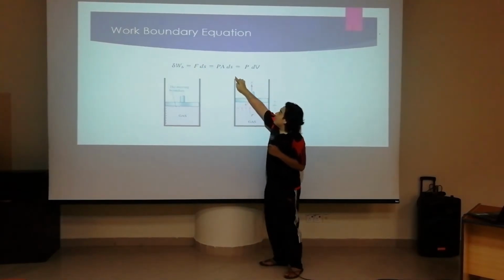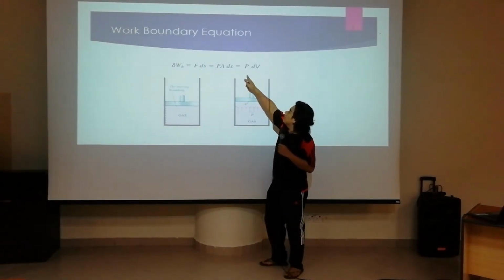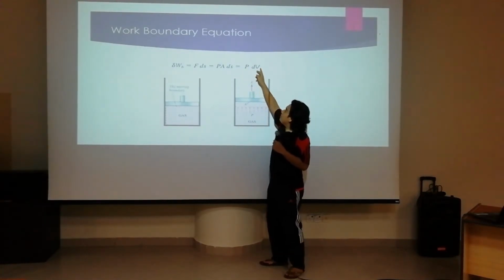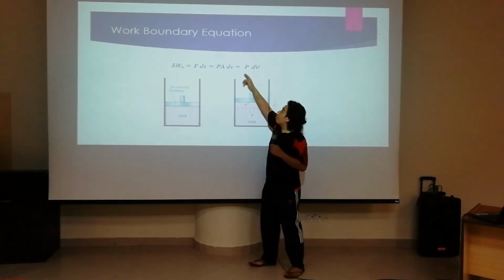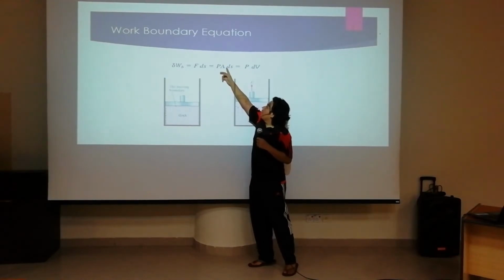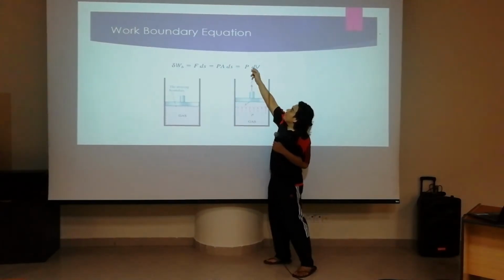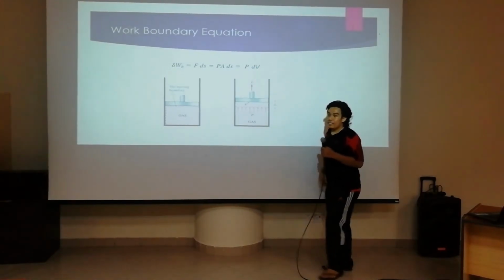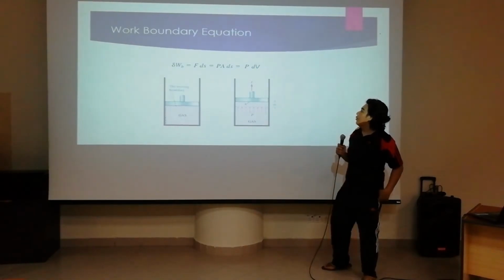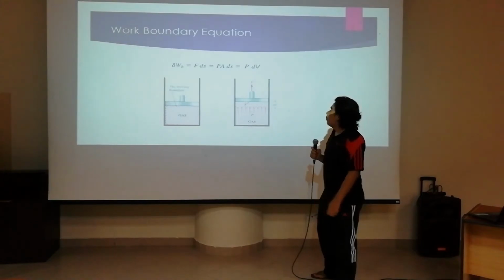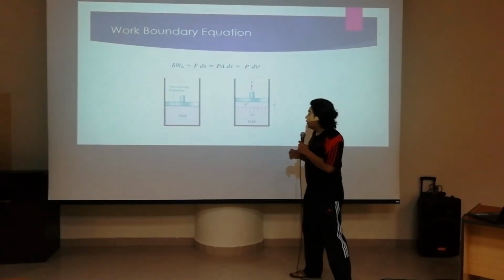So F ds is equal to P dV. We get dV from A multiplied by ds. So we get dV, the differential of volume.